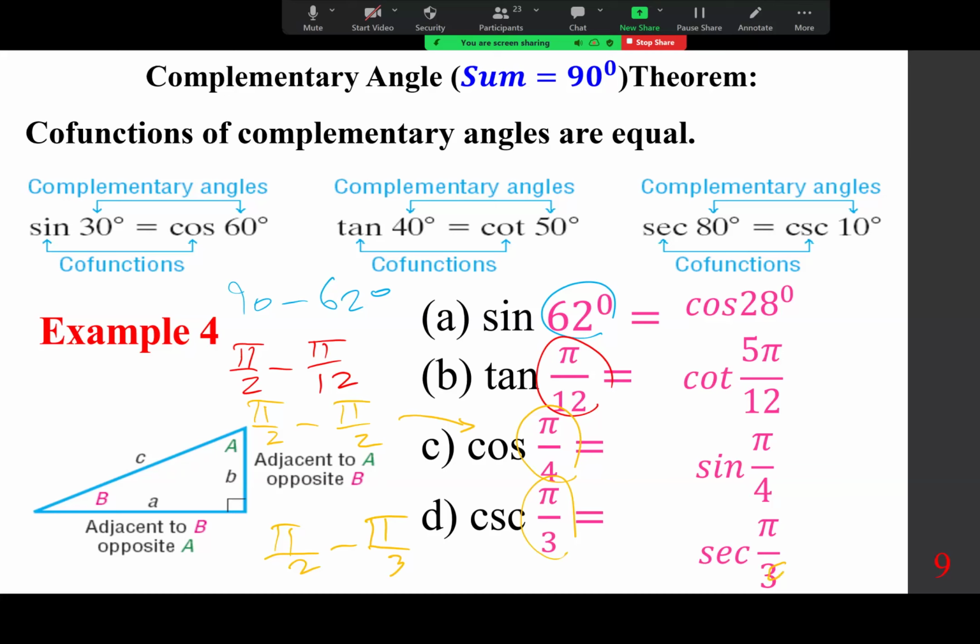This is pi over 6, everybody. Well, they must add up to 90 degrees.